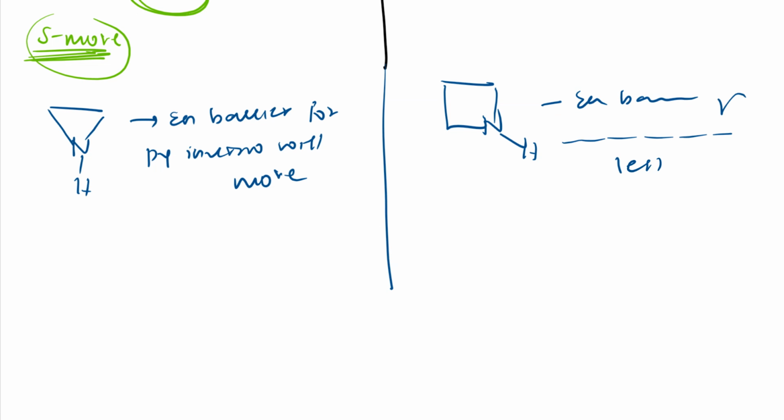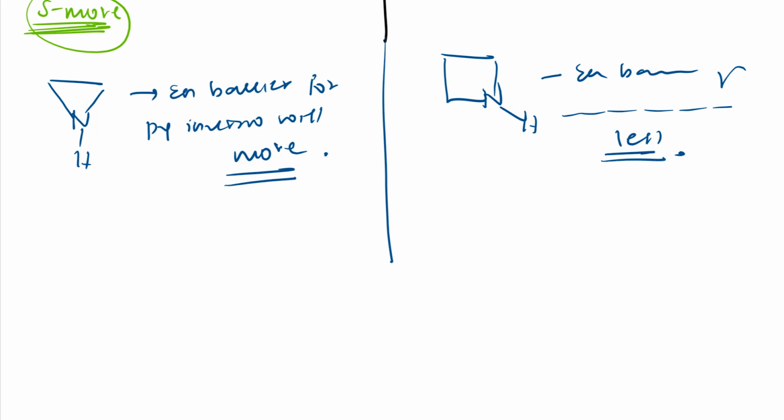The greater the angle strain, the greater the energy required for pyramidal inversion. So we can isolate optically active compounds, the three-membered aziridines, easily. This is one more point.